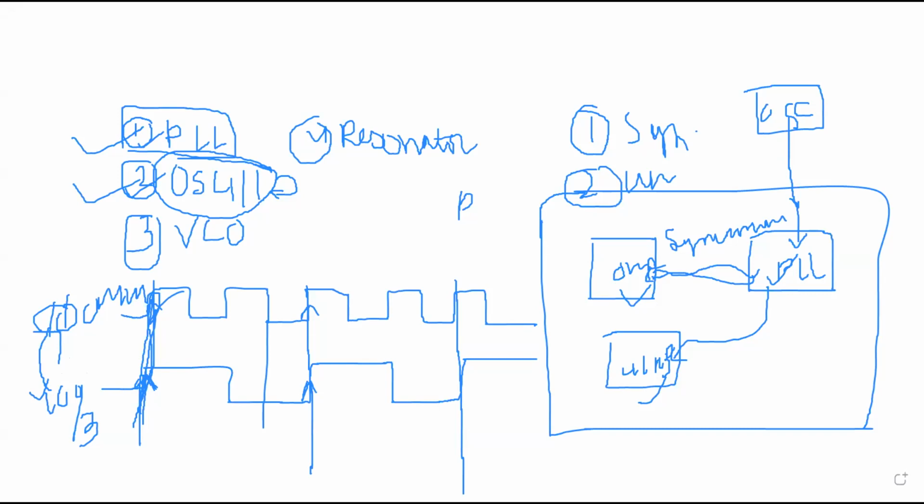I think they are non-synchronous clocks, because 100 by 3 means it will be 33.33, so there will be a phase difference. So they are considered async clocks. Yeah, correct. I have one more doubt, sir.